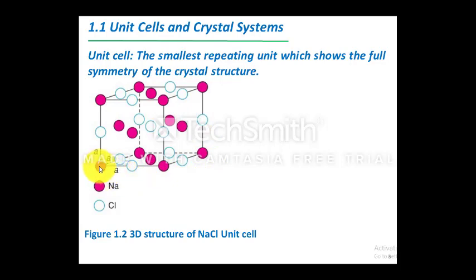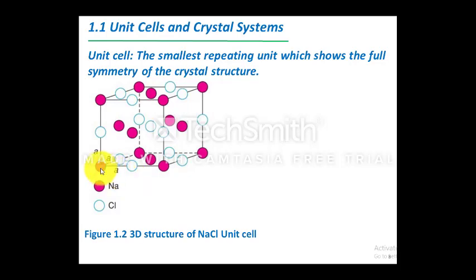In this structure we can see this is a cubic structure. All of the lengths are equal. This is one length, this one is the second one, and this one is the third one. We represent all of them by a, because they are all alike.